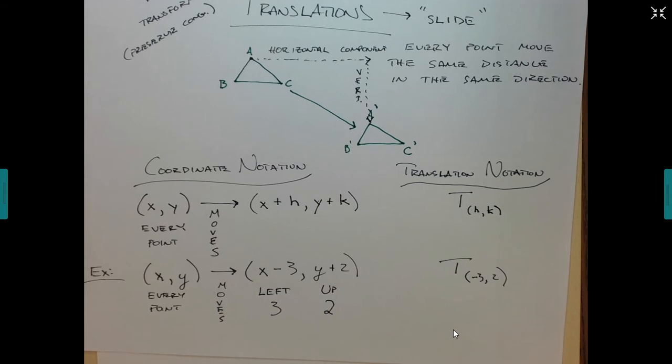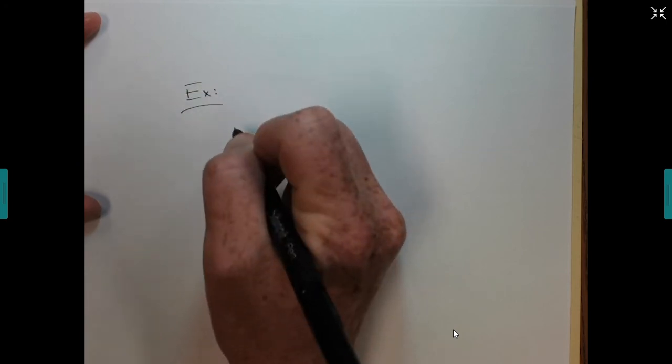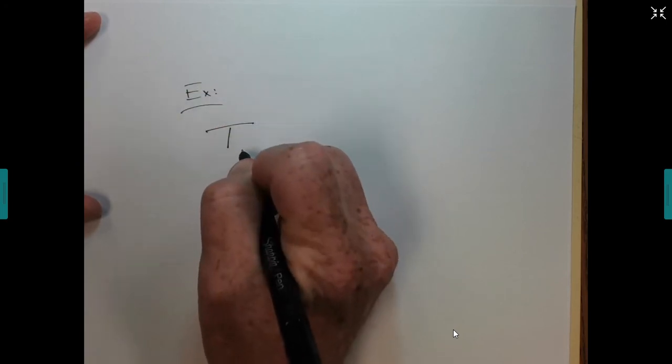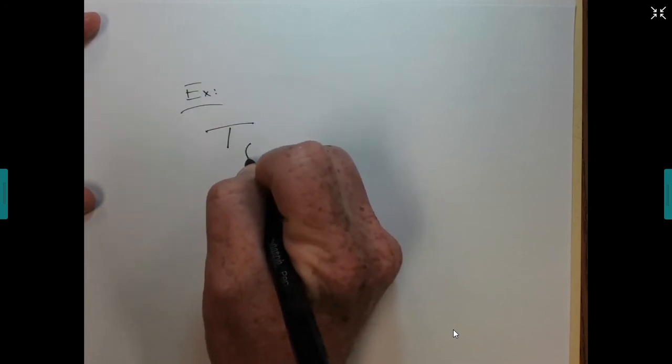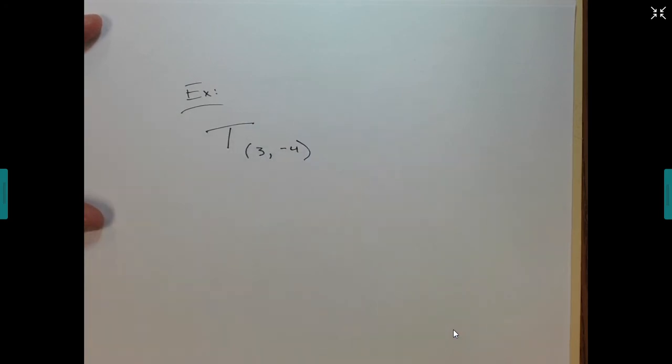And try and also realize that, let's look here. Here's another example. I gave you a translation notation of 3, -4.